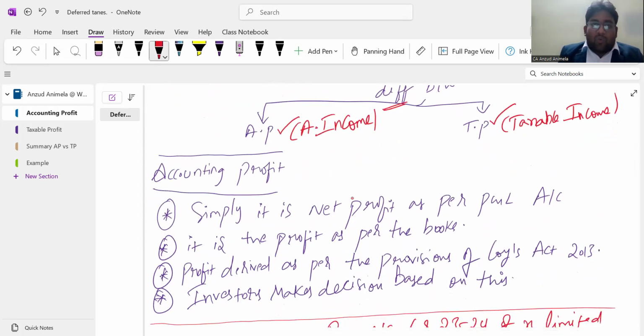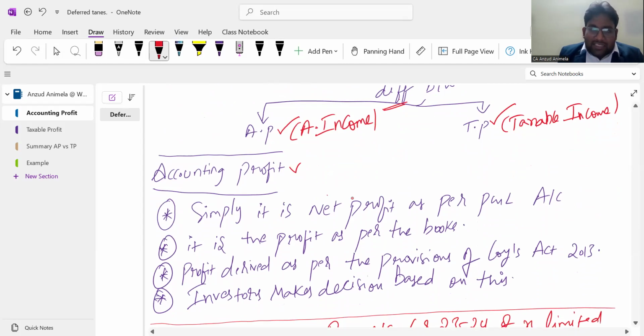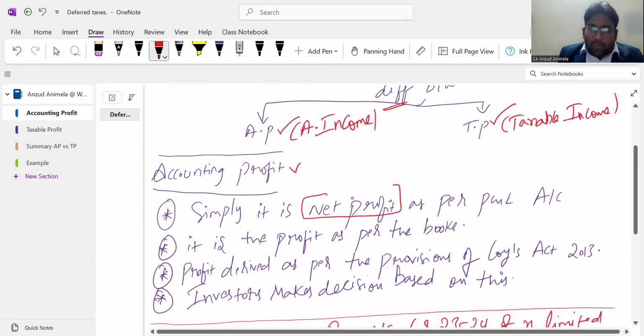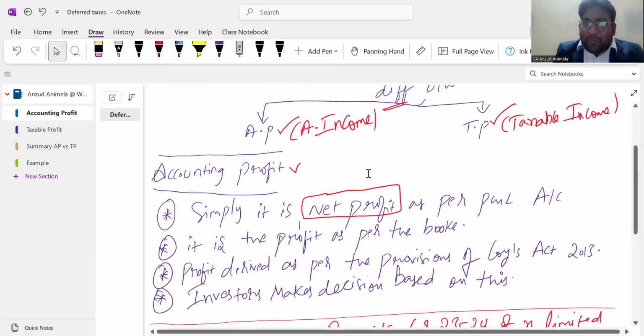Let's see the meaning of accounting profit. Accounting profit is as simple as the net profit shown in the profit and loss account. If you want me to show the accounting profit in the statement of profit and loss account of Tata Motors Limited, which we discussed earlier, let me show that.